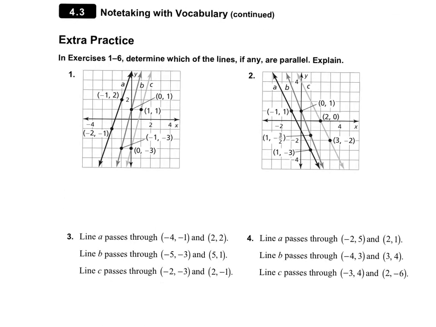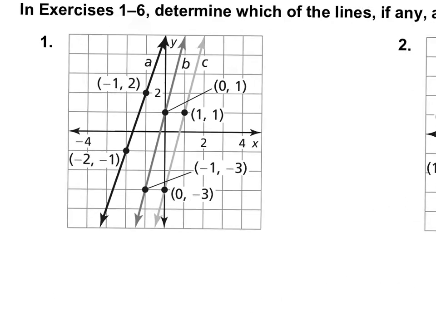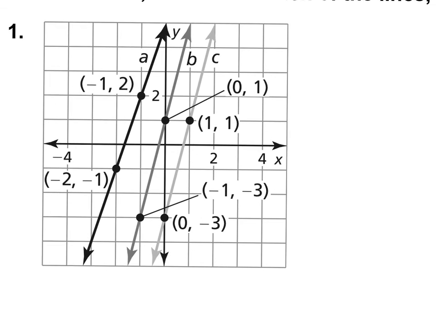Let's go on to some practice. So determine which of the lines, if any, are parallel, and we need to explain. So this looks a little jumbled here. Let me make this bigger. What we need to do is find slopes of both lines. So the slope of A is going to be up 1, 2, 3, and then to the right 1.